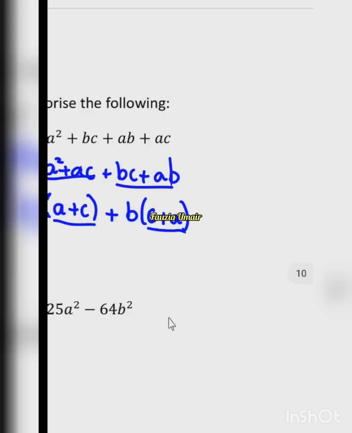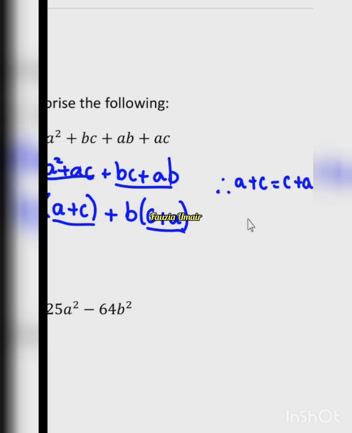I'm writing on this side, A plus C is same as C plus A. This is basically the commutative property of addition, which says that order does not matter in addition.